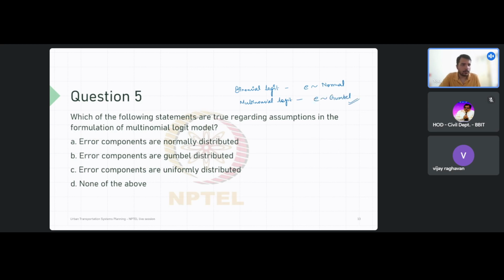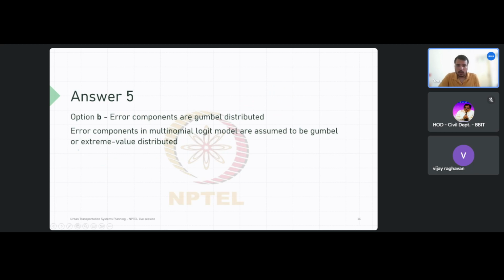In some cases, we can approximate it with normal also, but generally speaking, we approximate it with a Gumbel distribution. The special case is where we use normal in binomial logit. So error components are Gumbel distributed. We can go with option B. In the multinomial logit model, we assume them to be Gumbel or extreme value distributed.